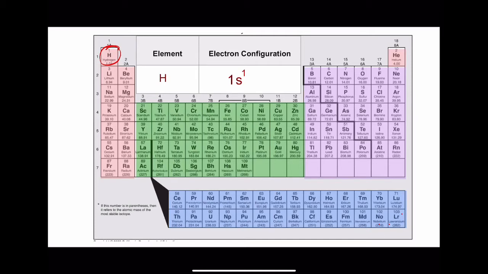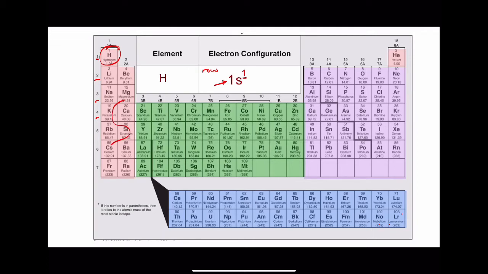The first 1 refers to the row. Later on we'll find that this pattern breaks a little bit, but at least in the beginning, we're referring to that number in front, or the coefficient, as loosely being correlated to the row number. You can see those row numbers right here. The letter in the middle, s, refers to the block. We've already labeled this area here as the S block.